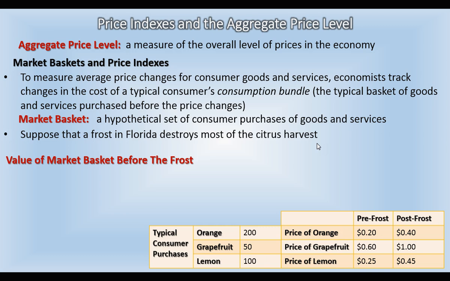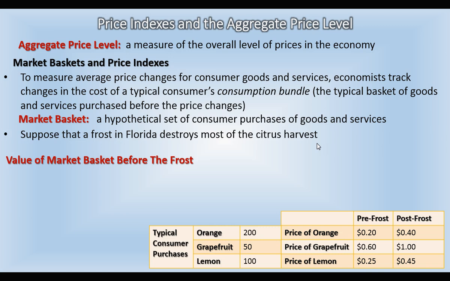This is the typical amount that they consume. The prices of each of these three fruits are labeled before the frost and then after the frost. Remember, the actual price changes occurring in these individual markets have to do with just the markets that these goods are bought and sold in, so supply and demand.